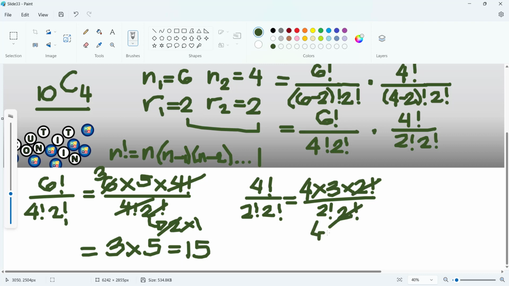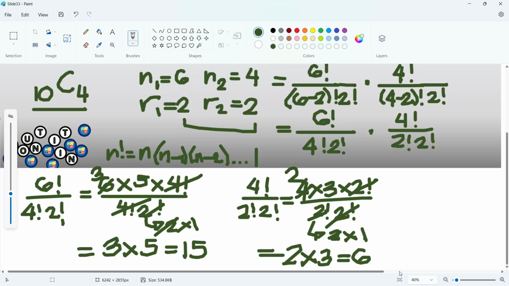Now 2 factorial, same as earlier, is actually 2 times 1. So the factor of 4 is 2, so you have 2 times 3. I have 6 ways in order for me to select 2 women from 4 women.